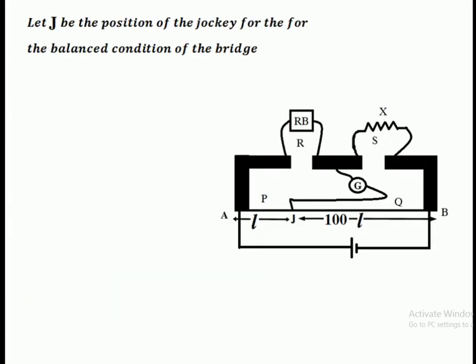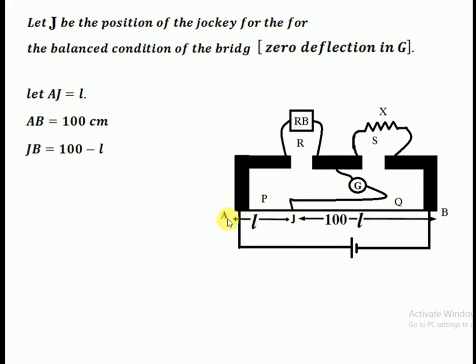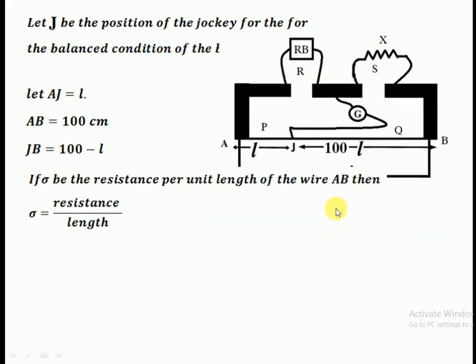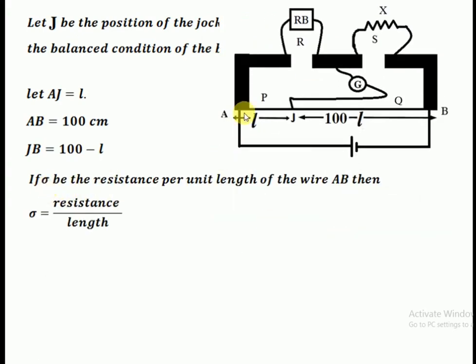Now let's see the working. Suppose for this meter bridge, J is the balance condition in which no current flows through the galvanometer, and the length of the balance point AJ is L, and as we already know, the length of the wire is 100 centimeter. So the remaining part, that is JB, is 100 minus L. And if sigma is the resistance per unit length, then sigma is equal to resistance by length.